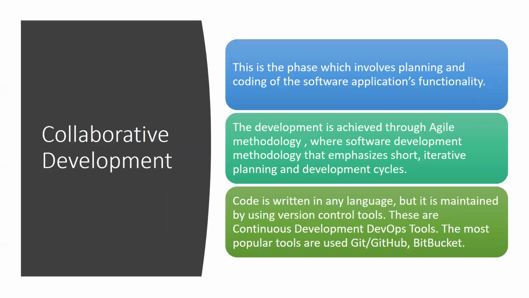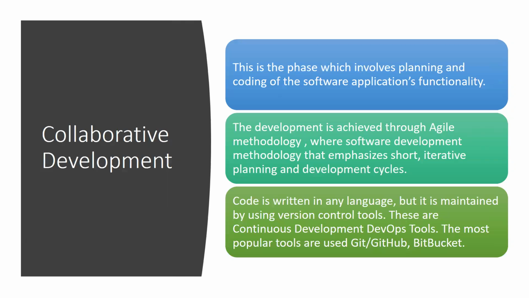So let us talk about collaborative development. Here we are only talking about the developer's point of view. The developer plans and writes the code and stores it in some version control, like GitHub, which is a very popular tool from the DevOps point of view.